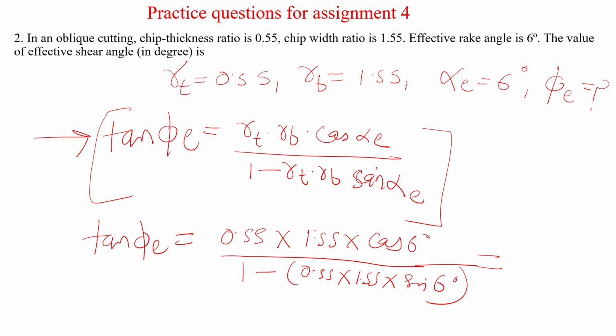On solving this tan phi E, we will get 0.9307. Then phi will be around 42.946. Something like this, right? Yes, sir. Okay, it's right.